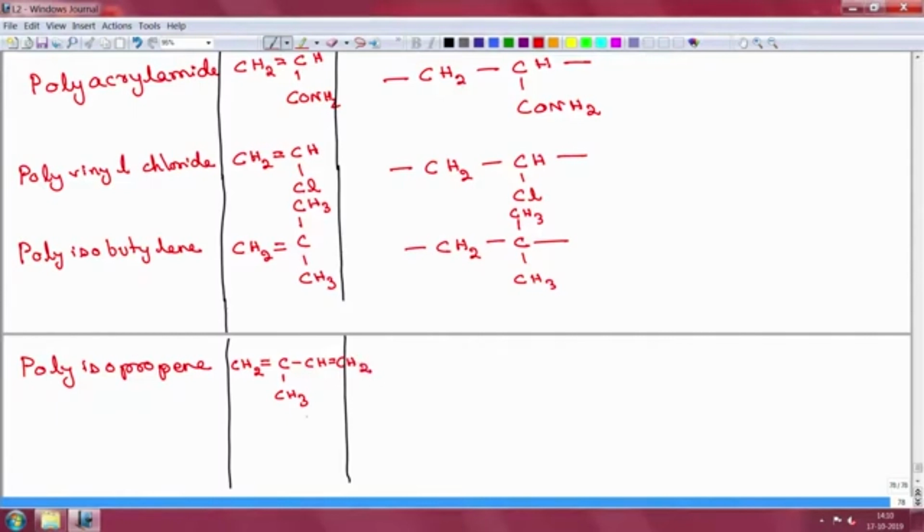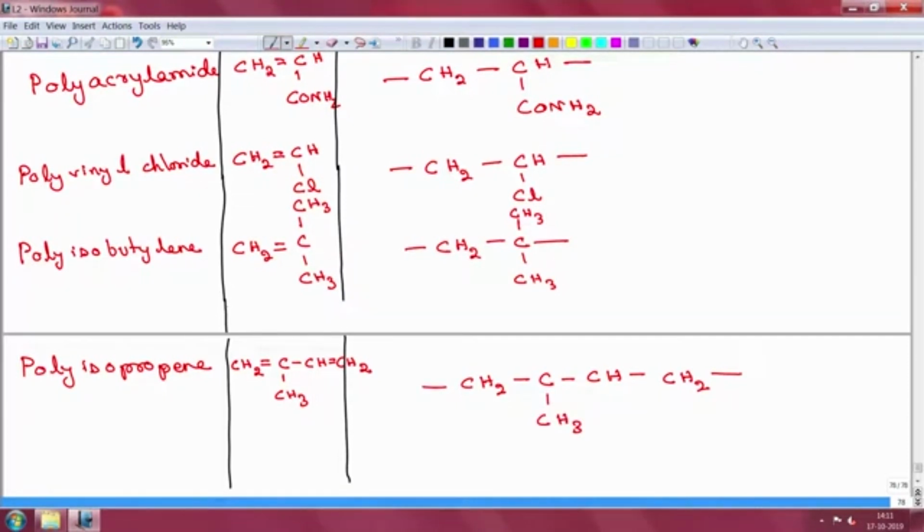If you had to polymerize this, you will take this particular bond, the double bond, and use that to cause polymerization. So, your polymerization should look like CH3.